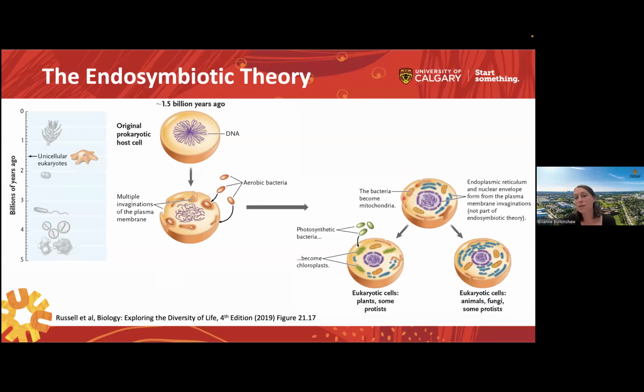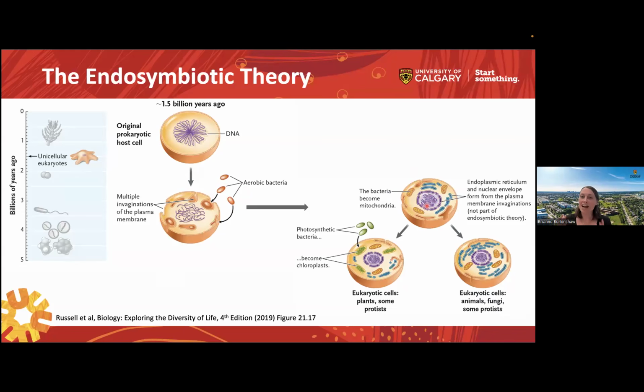So the mitochondria itself actually still has some genetic material within it, so it has its own genome, but the majority of genes that were once here have now been transferred into the nucleus of the host cell. So that's that horizontal gene transfer event.